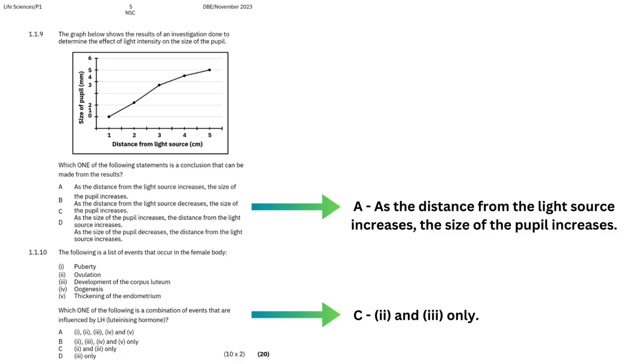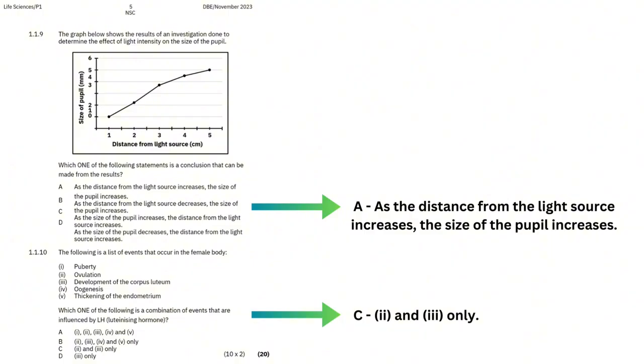B, as the distance from the light source decreases, the size of the pupil increases. C, as the size of the pupil increases, the distance from the light source increases. Or D, as the size of the pupil decreases, the distance from the light source increases. The answer is A, as the distance from the light source increases, the size of the pupil increases.